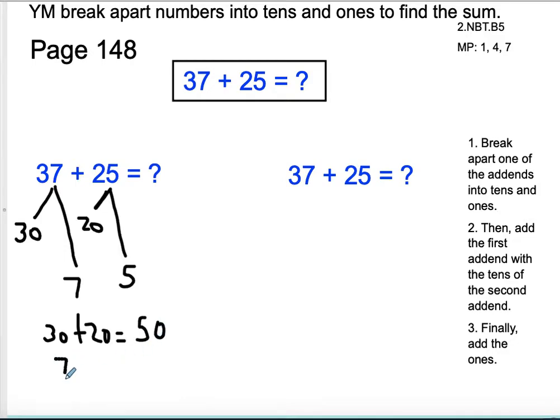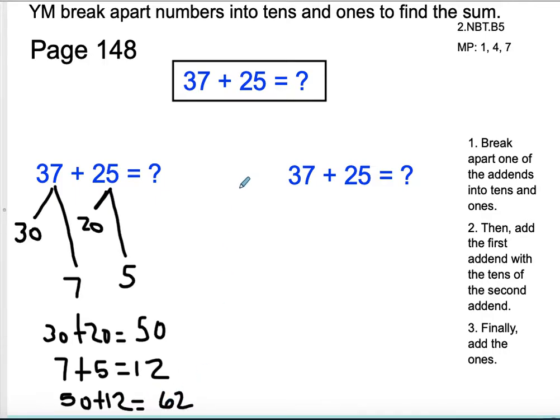And then I have to add 7, my ones, plus 5 equals 12. And then I'm going to join together 50 plus 12. And it's always easy to add with our friendly number with the 0 at the end. And 50 plus 12 equals 62.